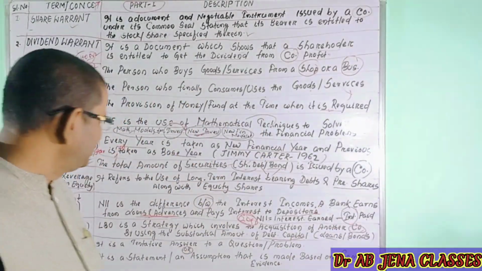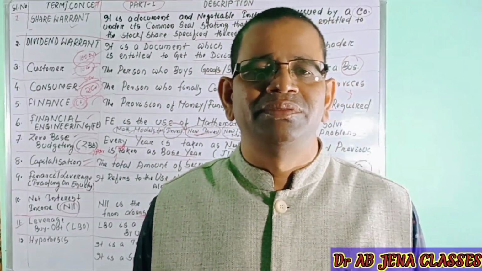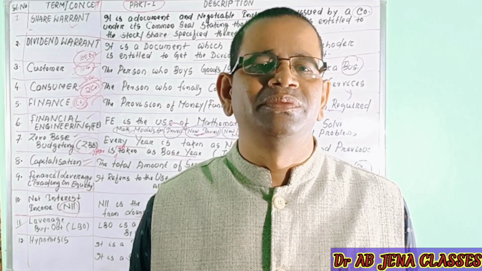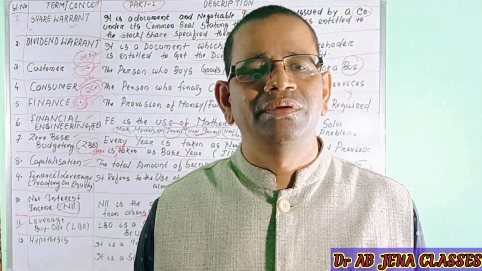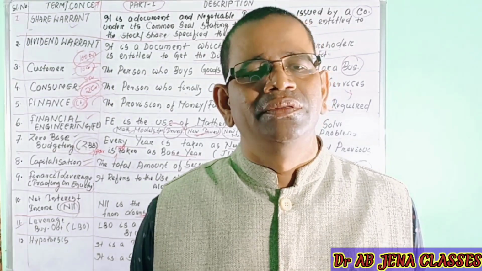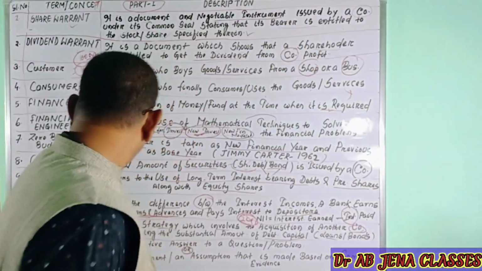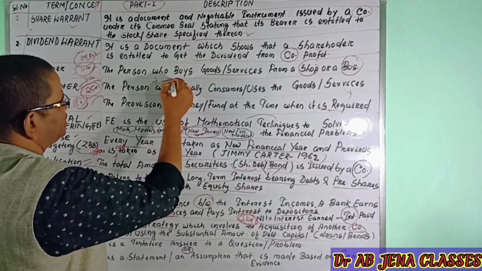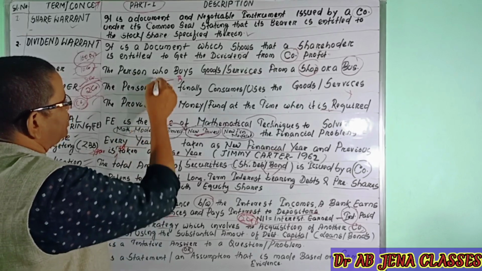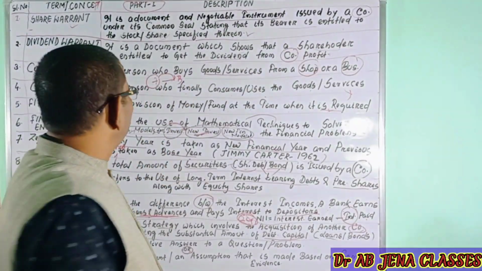Regarding this, I have already posted one video: what are the different types of mergers and what is the difference between merger and acquisition. I request all of you to kindly go through it, then you will get more ideas. Normally in an LBO, let's take an example, A company will acquire B company and A has to pay the amount to B company.